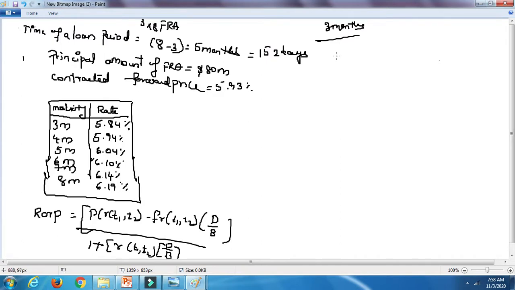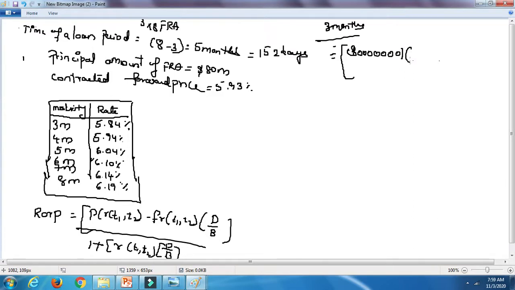You need to find out whether it is a receipt or payment. First of all, 80 million, it is not 8 million. 80 million means 8 crores, 7 zeros will be there. Now substitute in the formula.